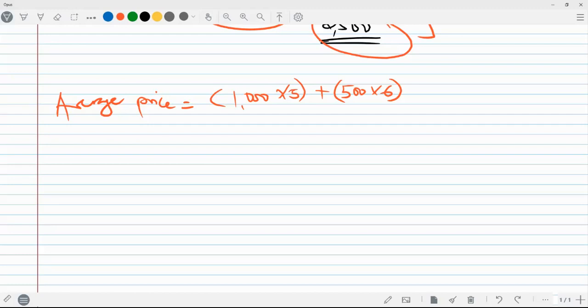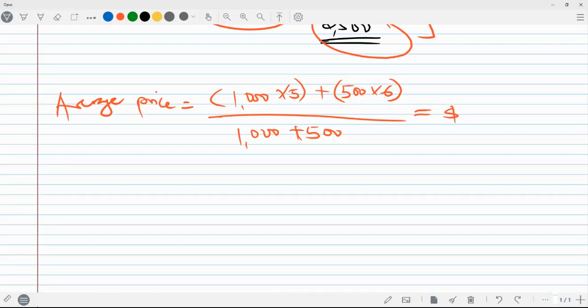In total, by the time you're making a sale, the number of items the company has in store is equal to 1,000 plus 500. That's therefore the average price so far by the time you're making a sale on that 1st of March. It has to be between 5 and 6.